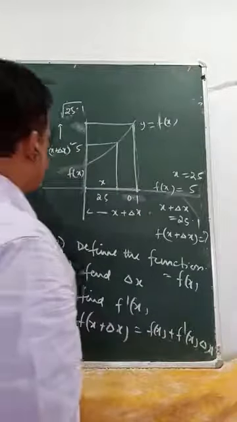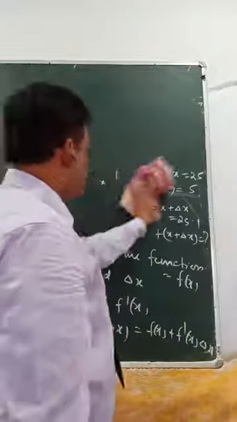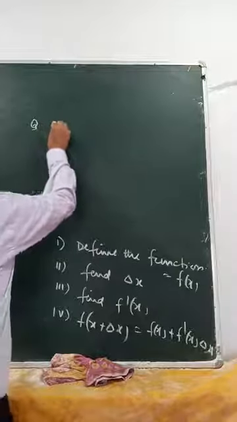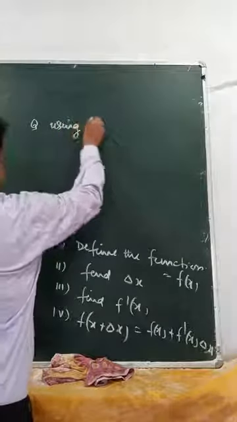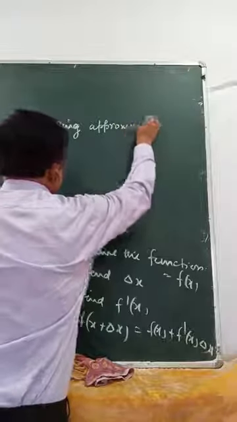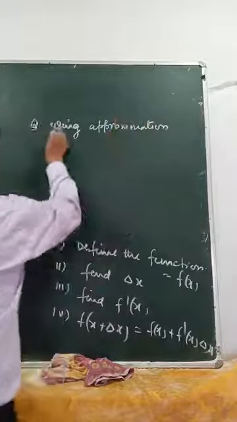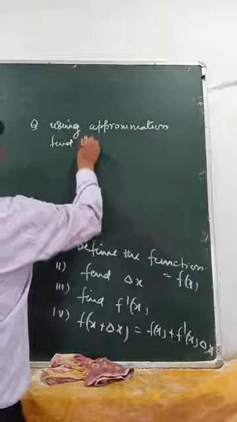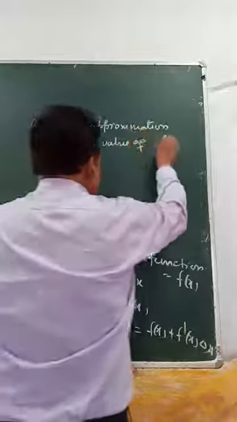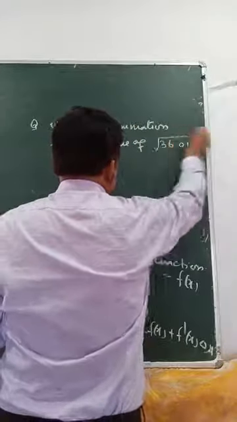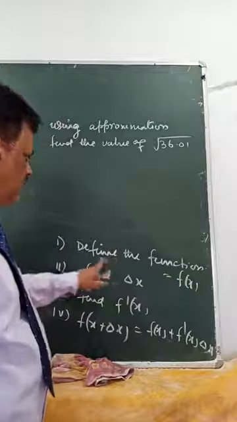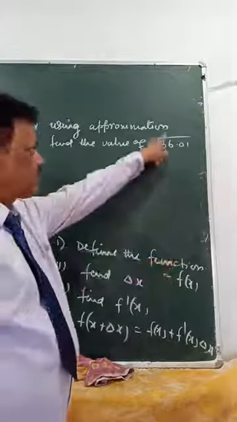Suppose my question is: using approximation, find the value of square root of 36.01. Okay, define the function f(x). How are we going to define it? It is in the square root form.